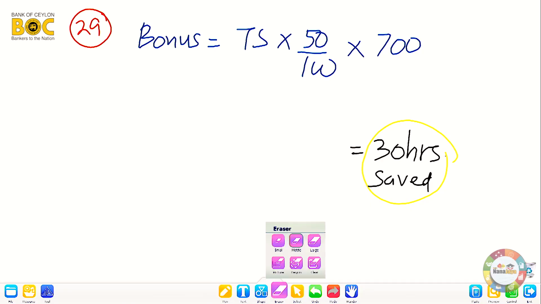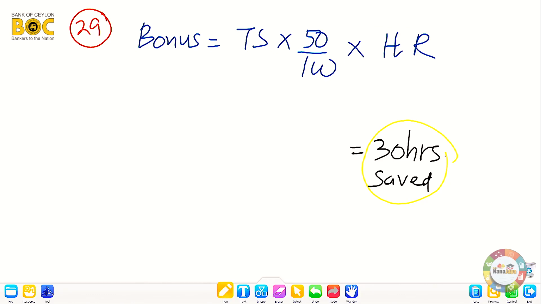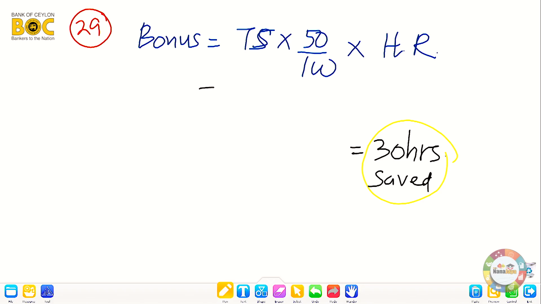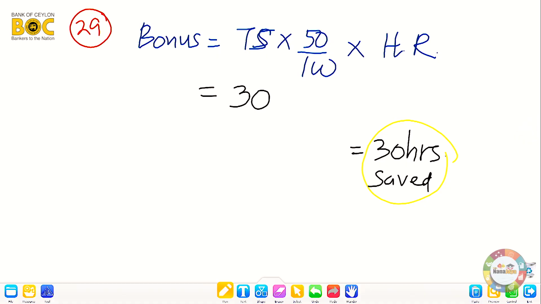Or if you write it as a formula: time saved into bonus percentage, 50%, into hourly rate. The time saved we have now is how many hours? 30 hours. The bonus percentage is 50%.